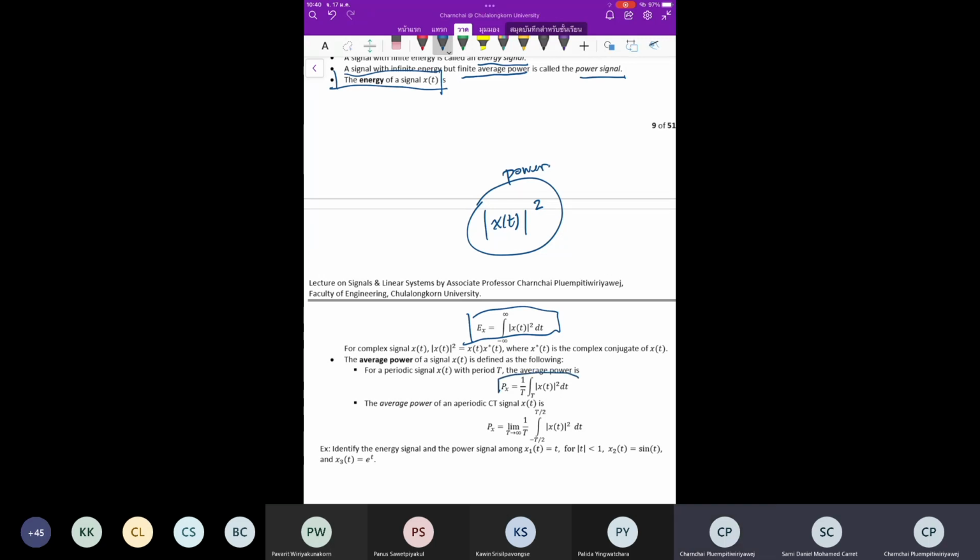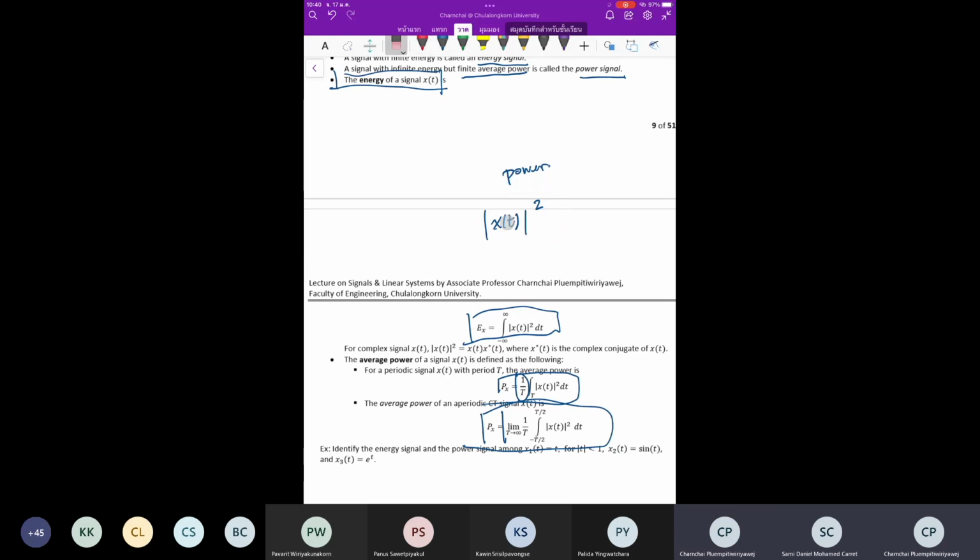Actually, the power is x squared divided by T. Or you integrate the whole thing, the square integrated over everything. So energy would be the integral of the square of x.